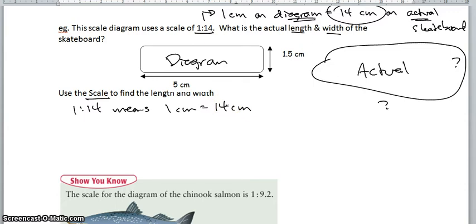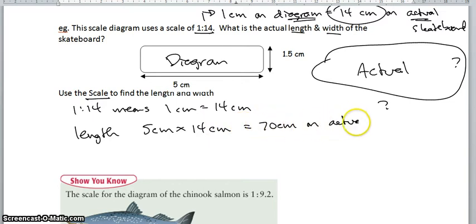So we can just multiply. The length equals 5 centimeters times 14. 5 times 14 equals 70 centimeters on actual.